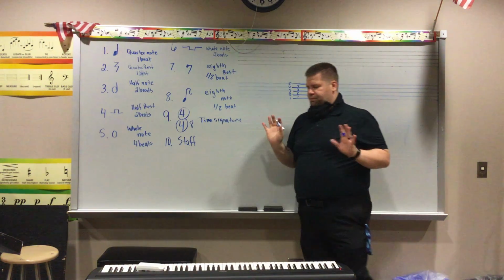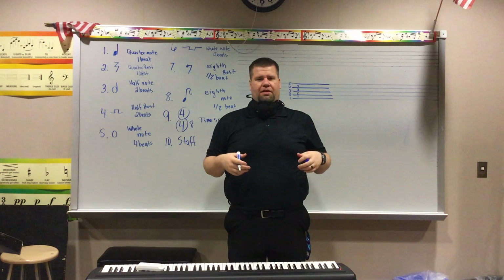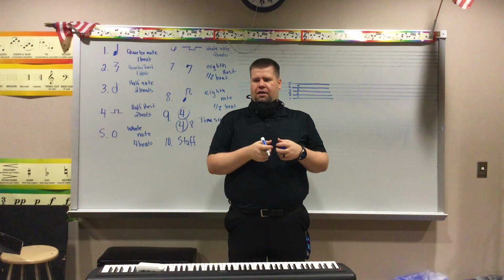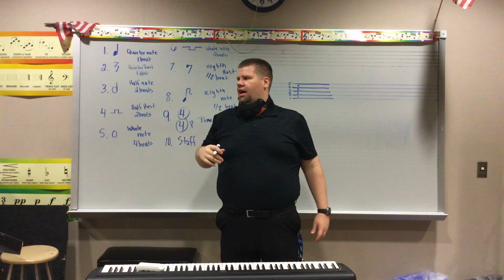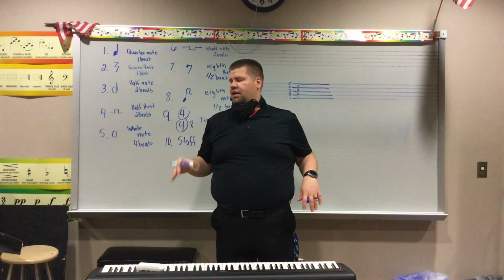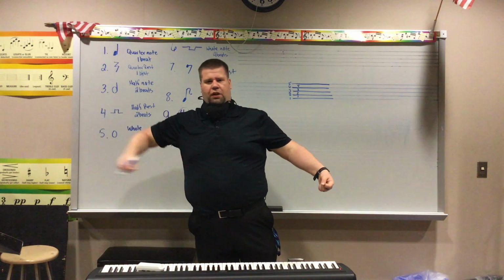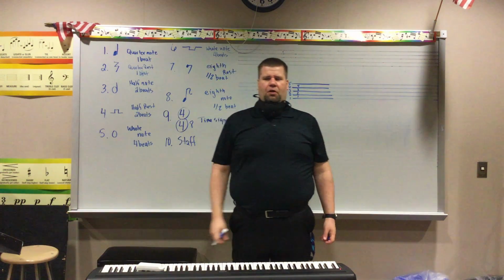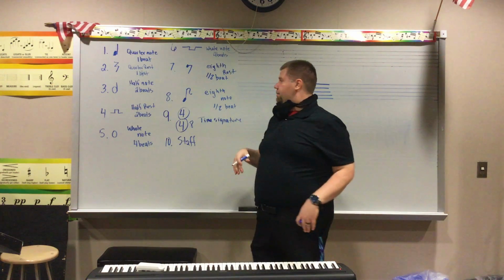Think of the staff as a big old sub sandwich that just goes on forever but has never been cut, and doesn't have anything on it yet. Same thing with a piece of Christmas wrapping paper. You can roll it as far as you want, or even a big old flatbread pizza going as far as you want, and it doesn't have anything on it.